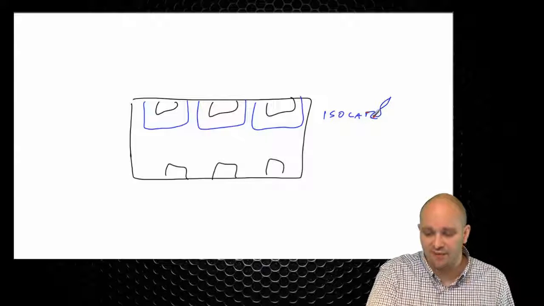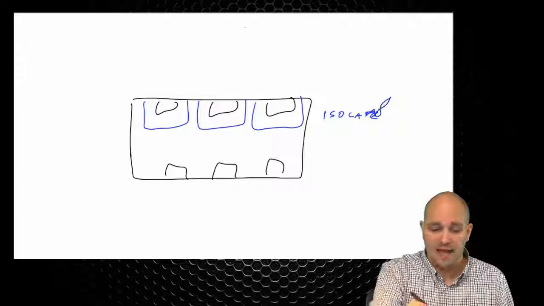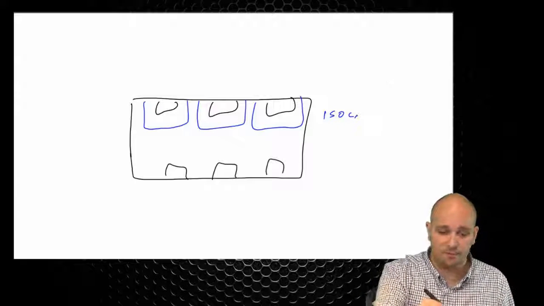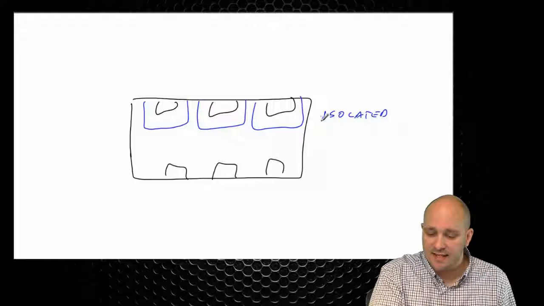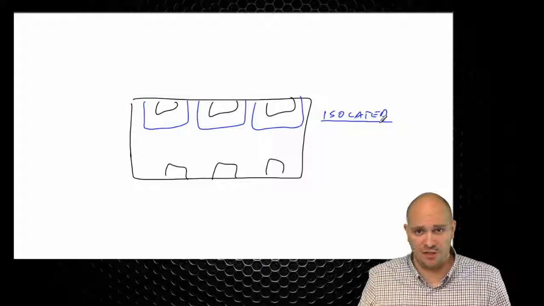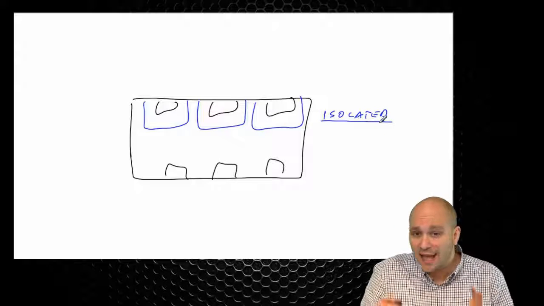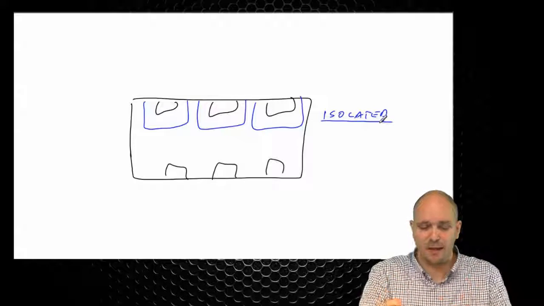What isolated VLAN actually does is the exact same feature as the protected ports. They provide pretty much the same functionality as the protected ports, except they can actually span across multiple switches, which is something that I will explain in a moment.